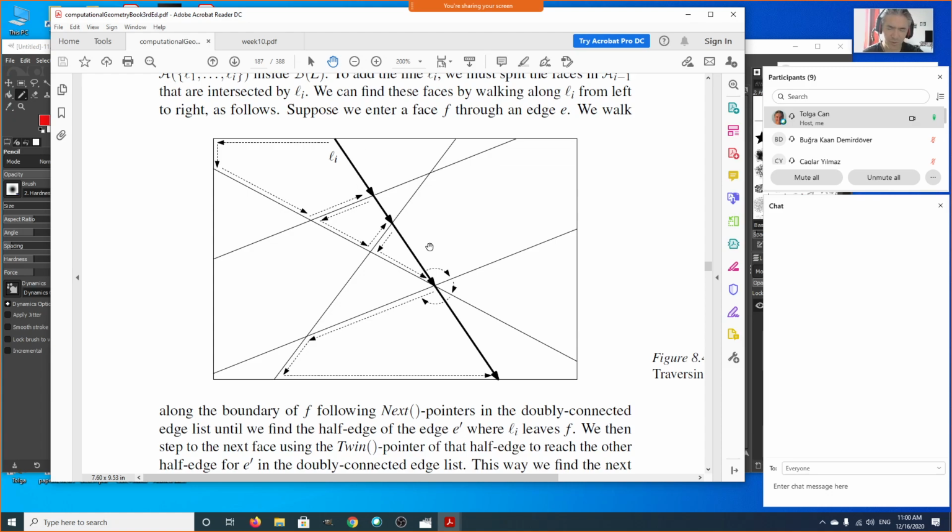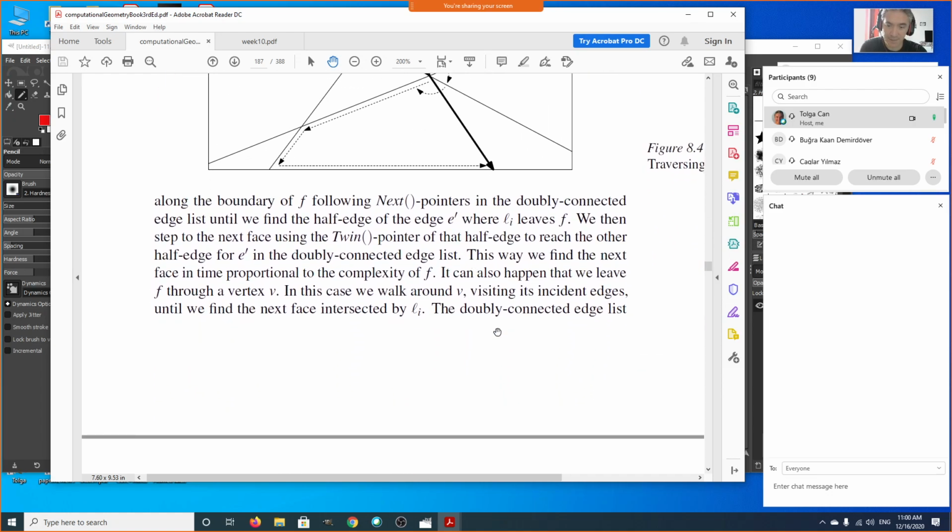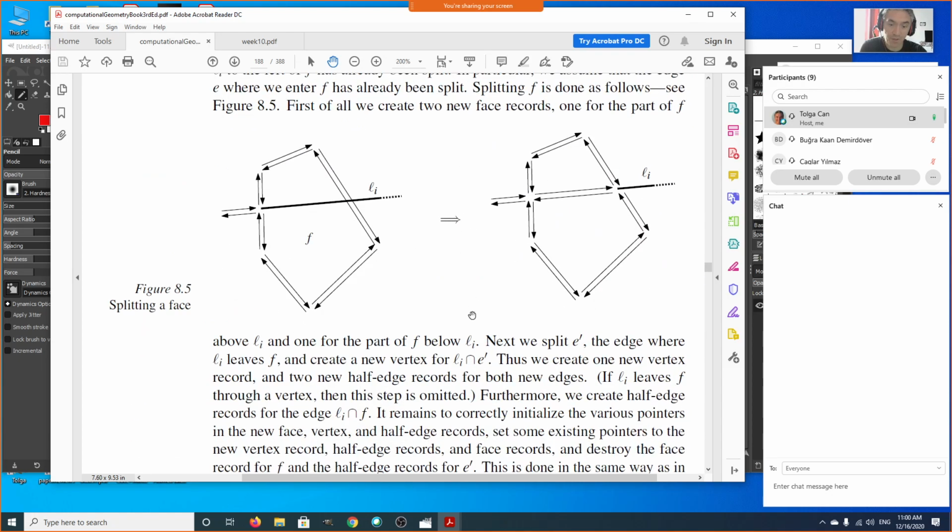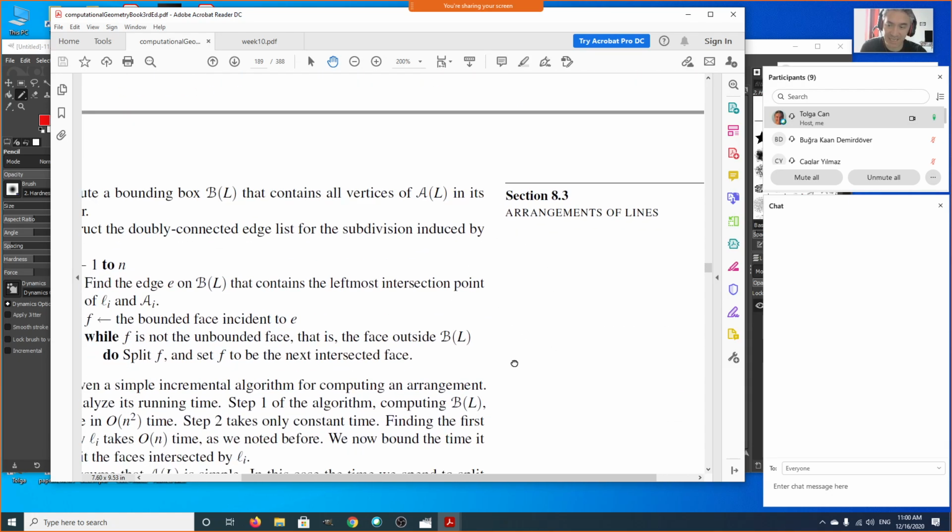It cannot introduce O(n squared) vertices, that's for sure, because if this is the ith line that we are processing, it will intersect with i minus 1 previous lines at most. We know that the number of vertices that are going to be introduced is linear. But what about the faces? Can it affect a quadratic number of faces? Luckily, the zone theorem tells us that this is not the case.